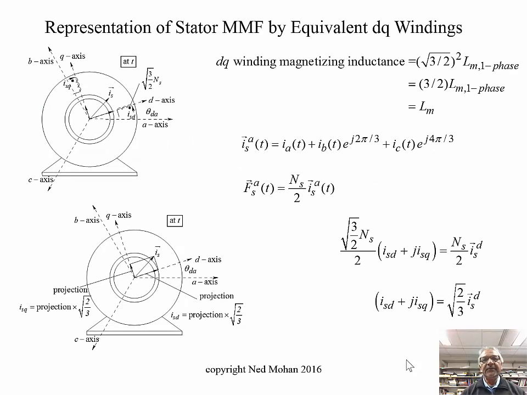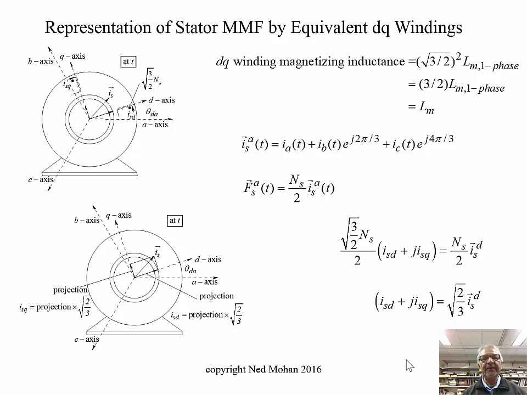So here what we'll do is we will represent the stator MMF, and the same thing we'll do for rotor MMF, by equivalent DQ windings. We realize that in reality we have three phase windings, A, B, and C, and together they are producing a resultant MMF.